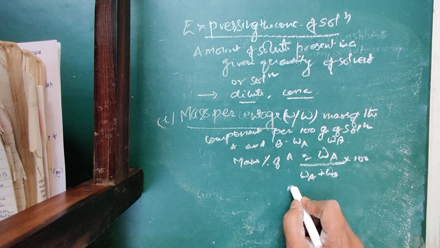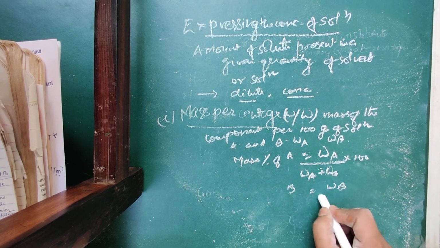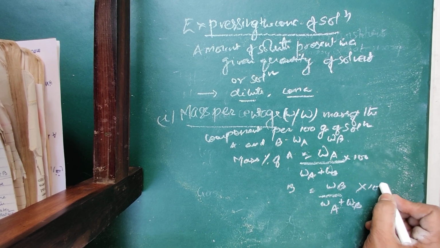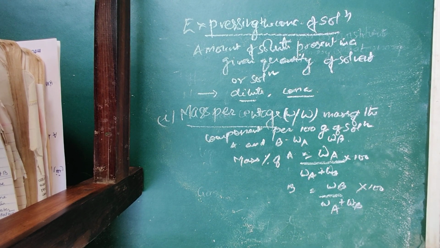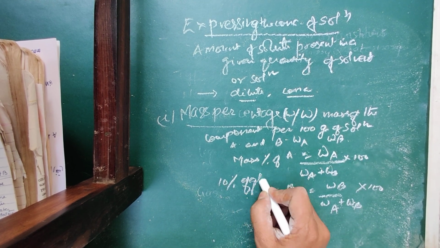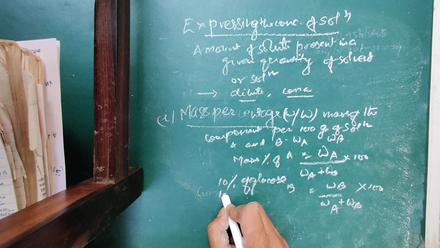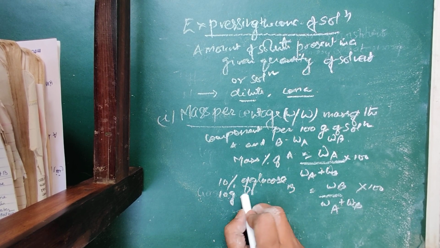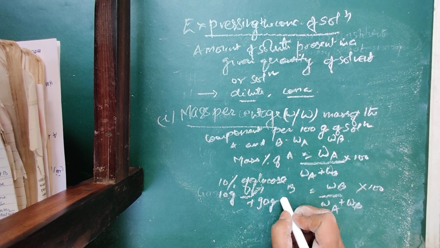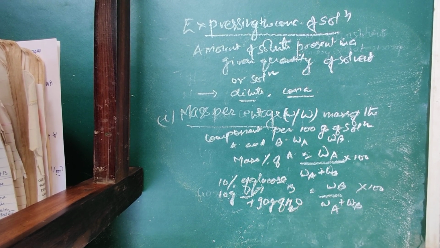Similarly, of B will be WB upon WA plus WB into 100. So if we say 10% of glucose, it will be 10 gram of glucose plus 90 gram of water.